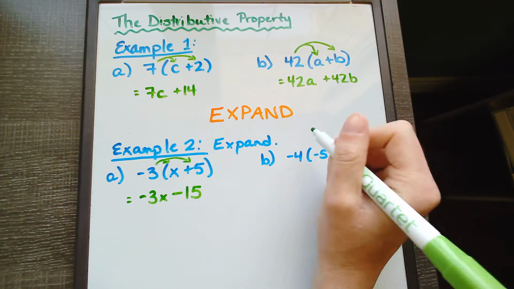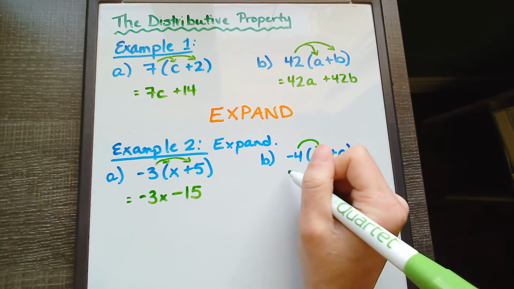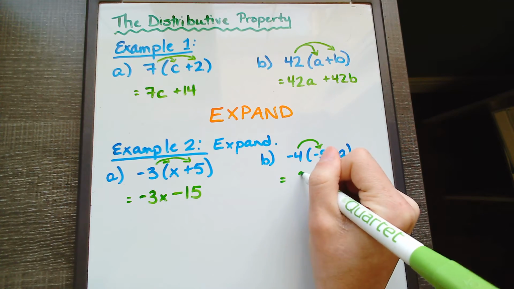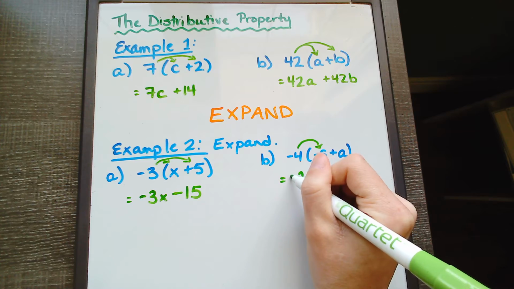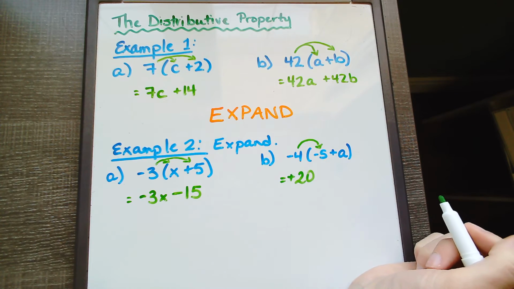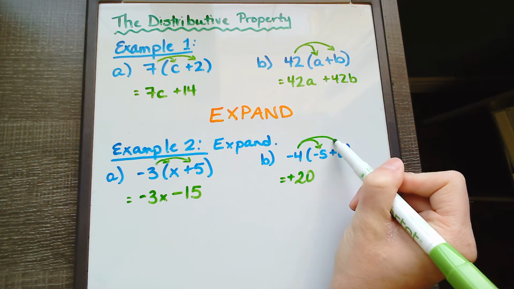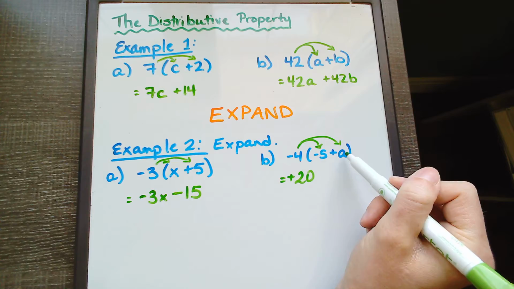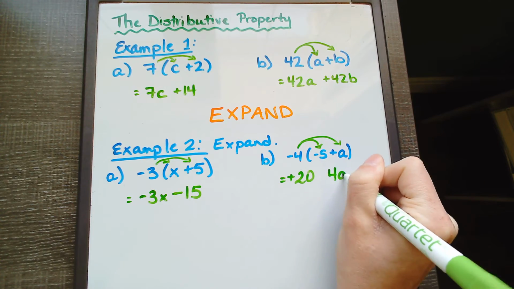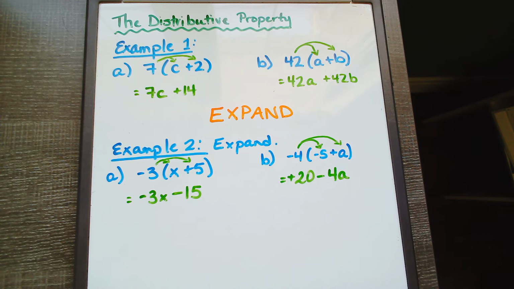When I go into the second one, negative 4 times negative 5 gives me 20. Negative times negative is a positive, so if I want, I can write that positive there, or I don't have to. Negative 4 times positive A, so 4 times A is 4A, and a negative times a positive is a negative.